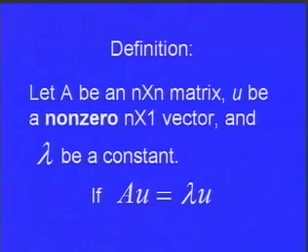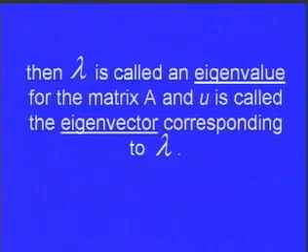Lambda times U, because lambda is a constant, is also going to be a vector. And what we're seeing is that we're going to get the same result if we multiply the whole matrix times U as if we just multiplied a little old constant times U. You can see how this is going to be a pretty important situation. If this is true, then lambda is called an eigenvalue for the matrix A, and U is called the eigenvector corresponding to lambda.